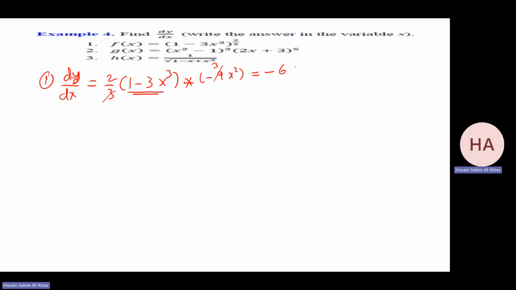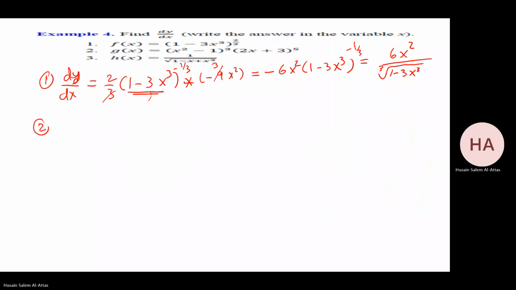So it will be minus 6x squared, 1 minus 3x cubed. Oh, don't forget, you have 2 over 3. This is minus 1 over 3, to the power minus 1 over 3. In other words, it will be 6x squared over cube root of 1 minus 3x cubed. Is it? This is 2 over 3, 1 minus 3x cubed to the power 2 over 3 minus 1, which is minus 1 over 3, times the derivative of this, which is minus 9x squared.